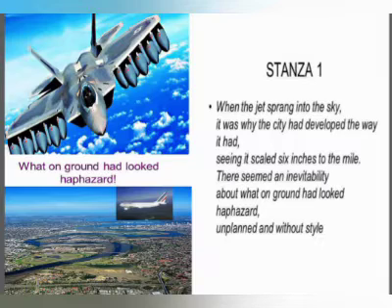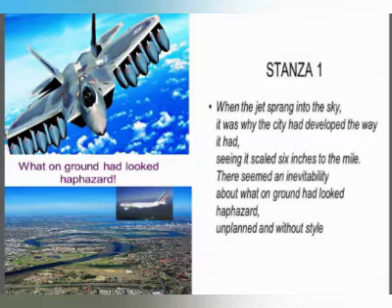The poet says, when the jet sprang, that is the second form of spring, here it means lifted off into the sky. It was very clear, that is, the poet understood why the city had developed the way it had, because everything looked so small that a mile seemed to be like 6 inches.